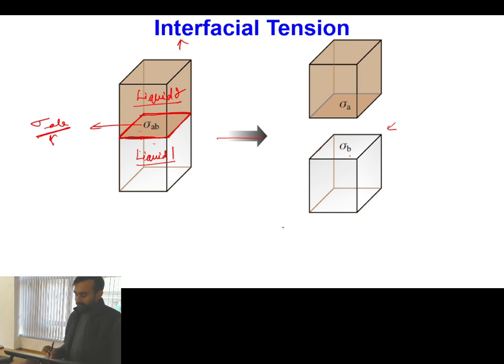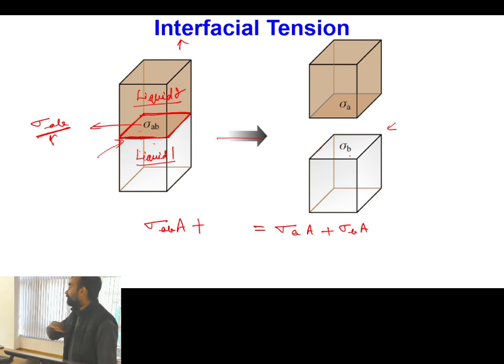So the final energy state will be sigma A into A plus sigma B into A. This is the final energy state. What was the initial energy state? The initial energy state was sigma AB into A plus the amount of energy we have invested to break this. Say that energy is EA.